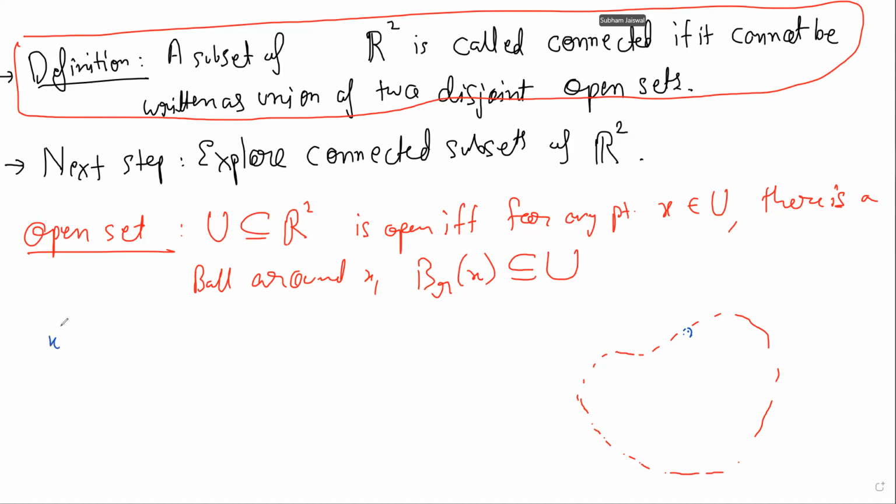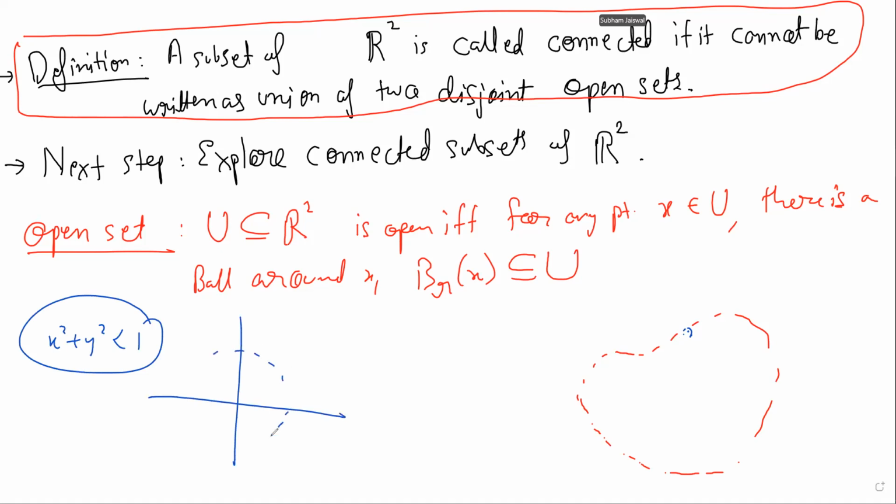The most standard example is this. Anywhere inside the circle, you can make a very small ball and still be inside the circle. You can always do that. To put it more strictly, every point is an interior point.